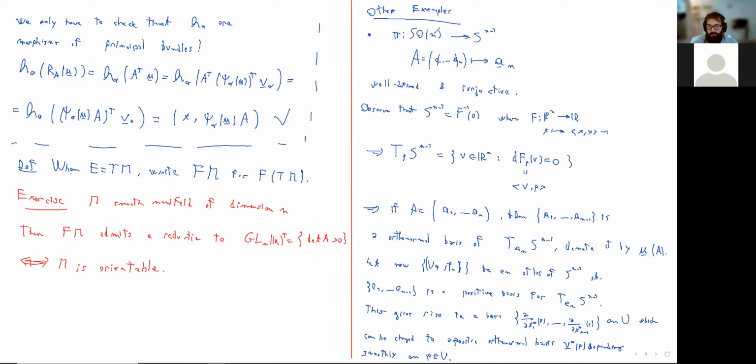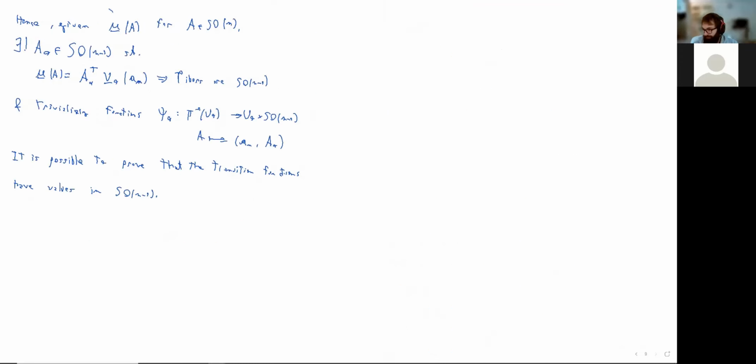That this projection SO(n) into S^{n-1}, which takes the last column, is in fact a bundle, and it's a principal bundle with fiber SO(n-1). Okay.